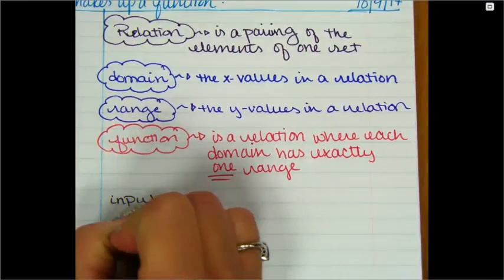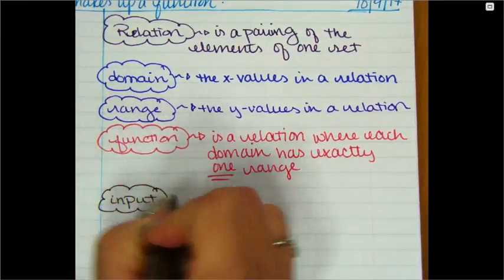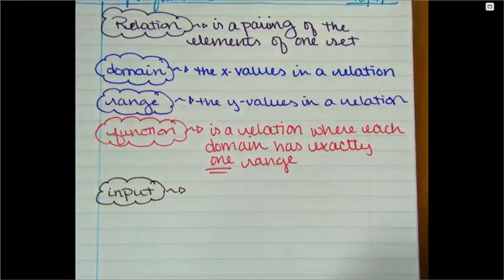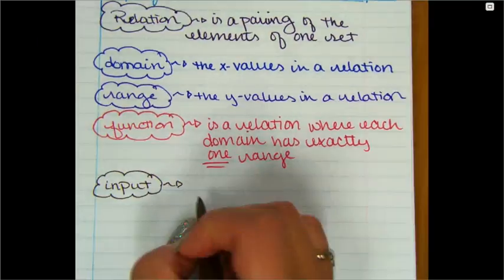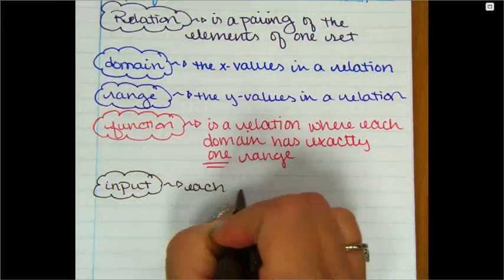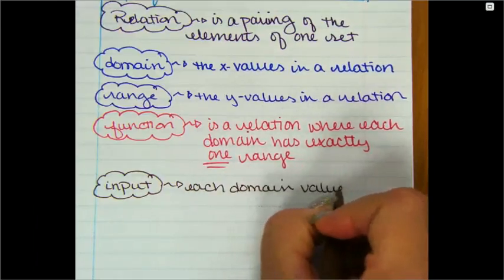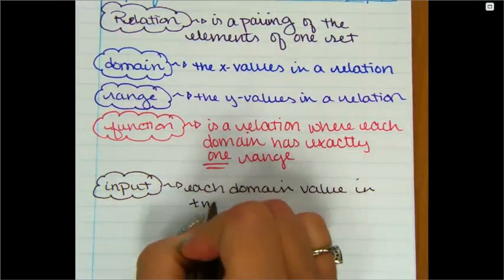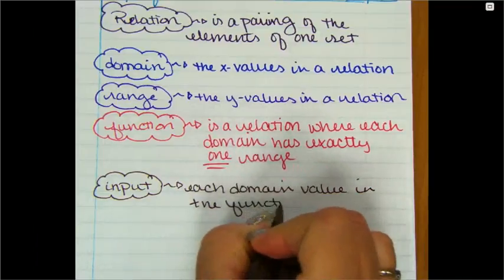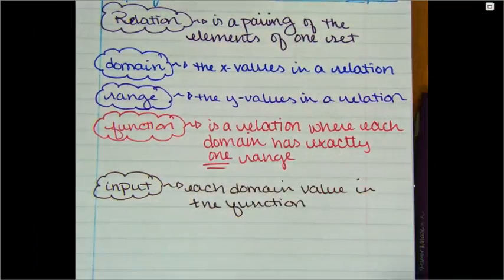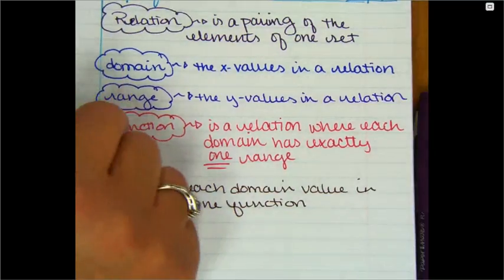Next word, input. Each domain value in the function. So domain and range are part of a relation.